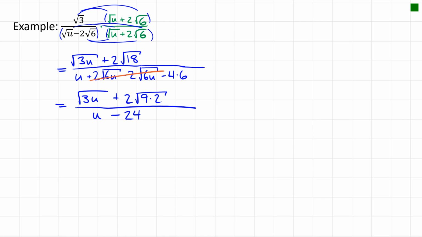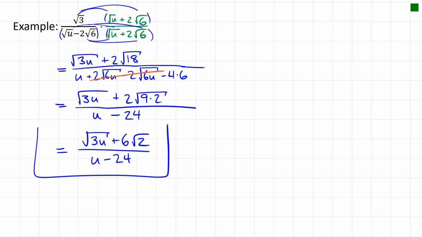So it looks a little bit different, but it's a totally perfectly valid answer. So u minus 24 in the denominator, and in the top I have 3u plus, well, the square root of 9 is 3, so 2 times 3 is 6 root 2. So there's my fraction with a rationalized denominator.